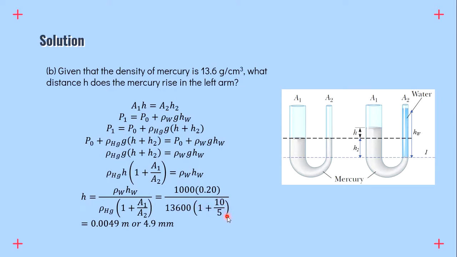Why did I not convert 10 centimeters squared and 5 centimeters squared into meters squared? Because they're both centimeters squared and I'm just going to cancel it anyway. So this becomes unitless, so the units do not matter at all. Finally, our answer is 0.0049 meters, or 4.9 millimeters, or 0.49 centimeters, or half a centimeter, if you may.